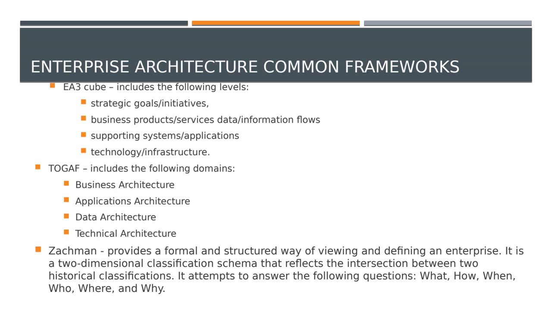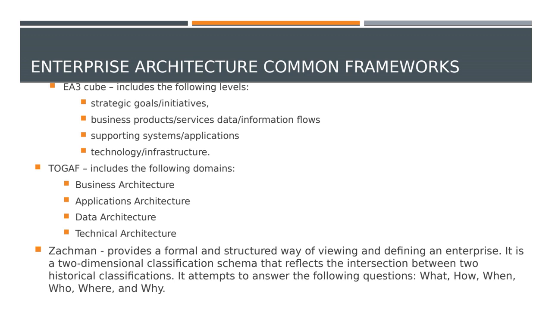We have Zachman. It provides a formal and structured way of viewing and defining an enterprise. So it is a two-dimensional classification schema that reflects the intersection between two historical classifications. All right?